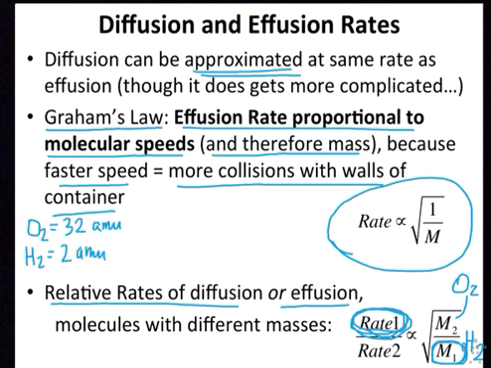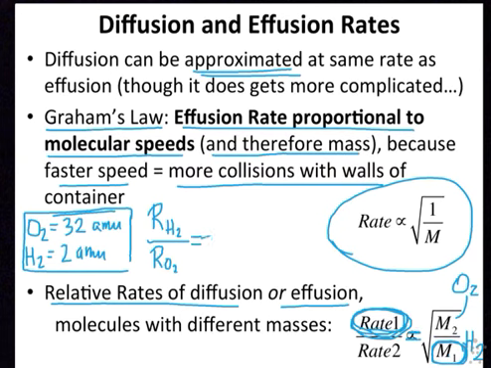Okay, so how much faster would H2 effuse than O2? Well, we just need to look at their actual masses. You can say the rate of H2 effusing over the rate of O2 effusing. And I actually realize this can be an equal sign because we've now just got a ratio over here, equals the square root of the mass of O2, so there's our M2 on the top, over the mass of H2, which is about 2 AMU.